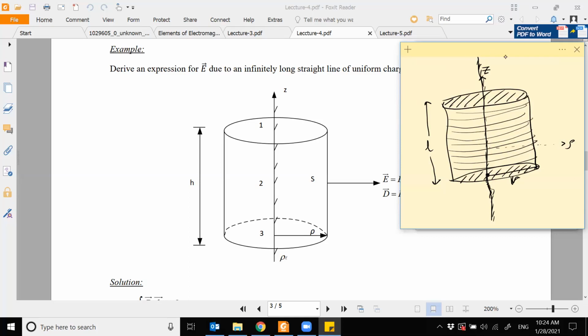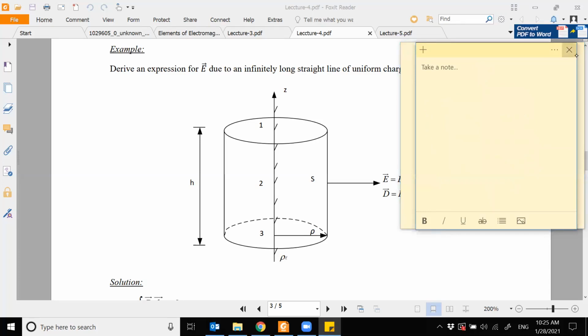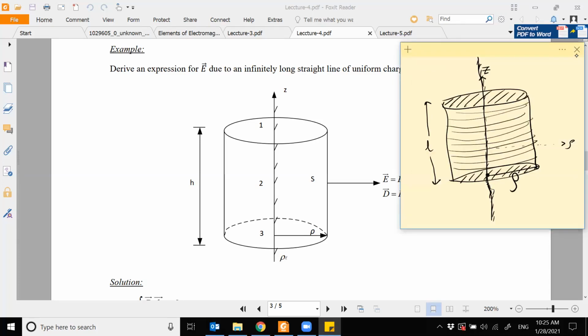Here the radius is rho. So this is our Gauss's surface. Now, from our knowledge, the electric field will be going away, right?